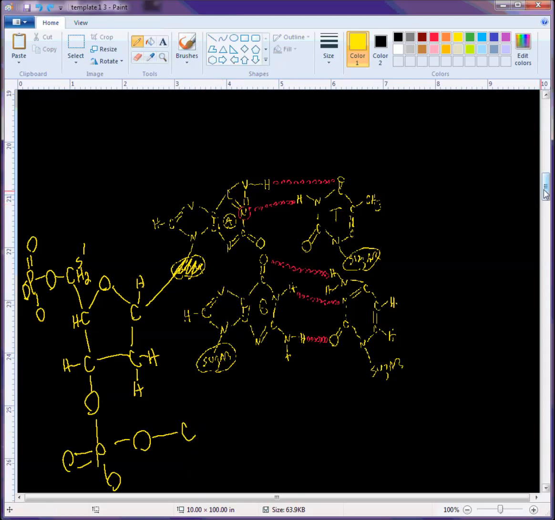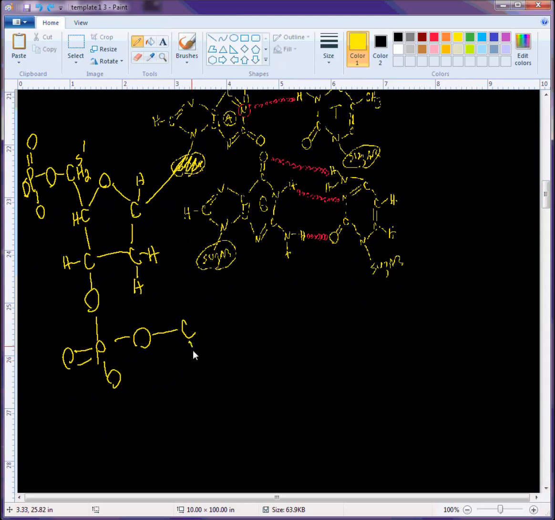Let me scroll down a bit. There's the carbons we want. Okay, now this is the bond that's forming up there. So we have all the bonds formed correctly. I can put some hydrogens in here, 1 here, 2 here.